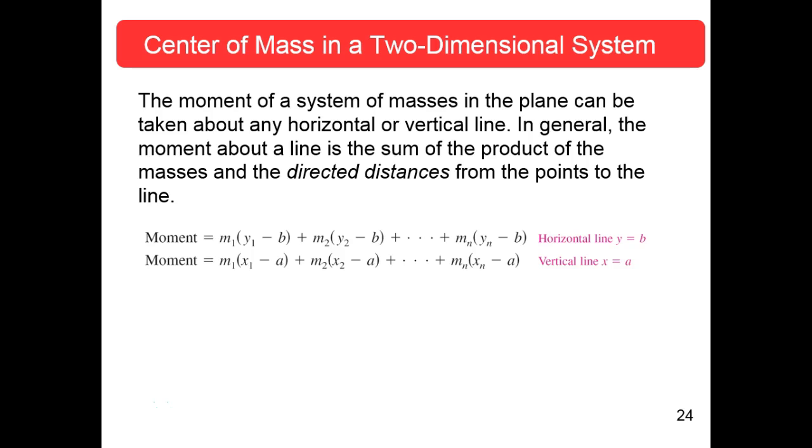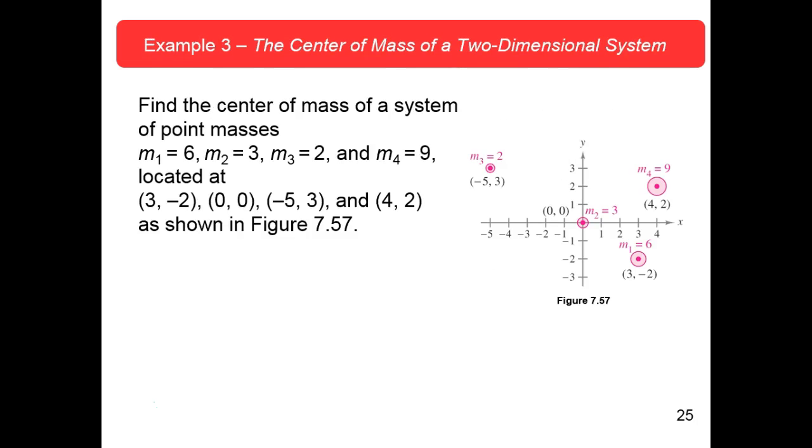If you have a horizontal line y equals b and you're taking the moment with respect to that line, it would be m1 times (y1 minus b), which is the distance each mass is from the line. And for a vertical line x equals a, you do it the same way. Rather than the x and y axes, you use some vertical and horizontal line other than those.